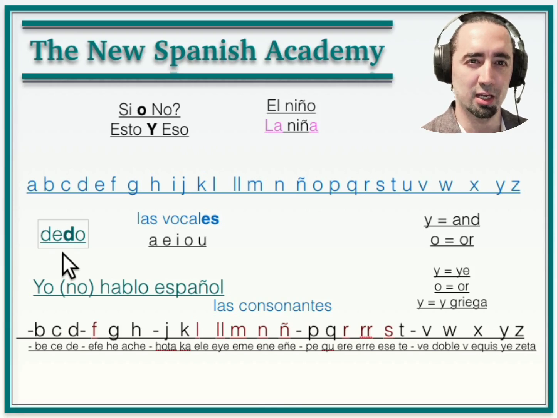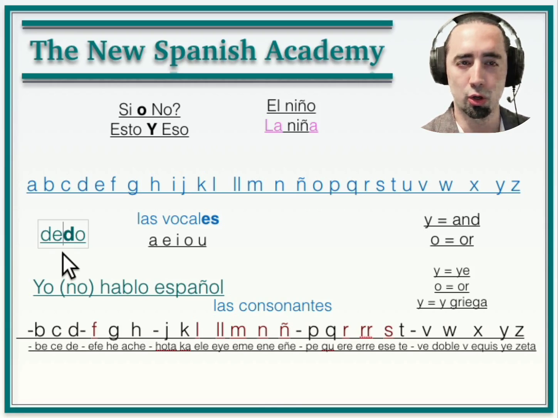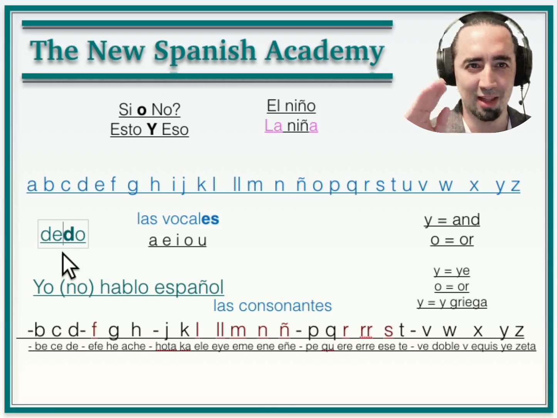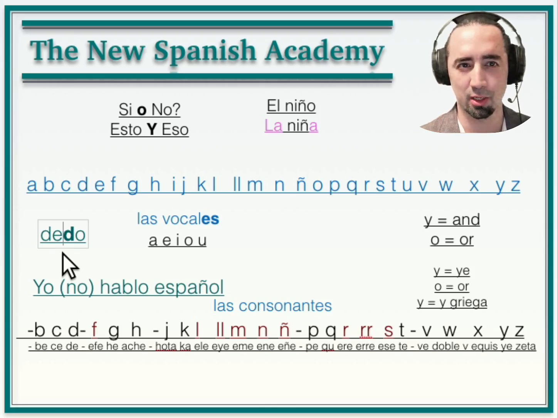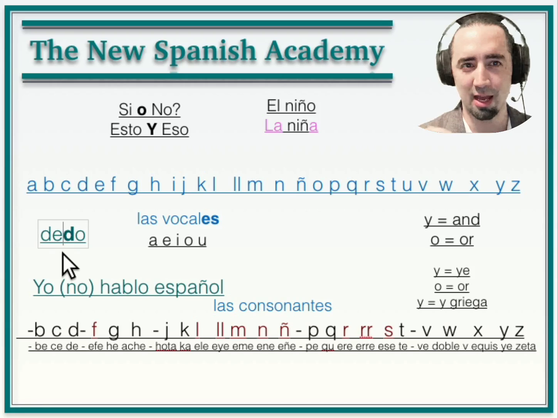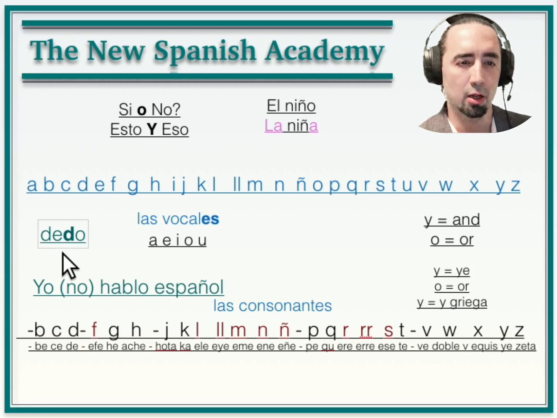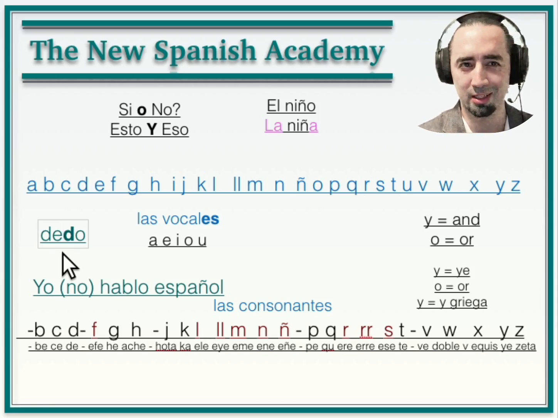So say de, do. So have the D flying between your teeth. Have the tongue flying, not touching your teeth. Dedo, de, do. The tongue is not touching your teeth.